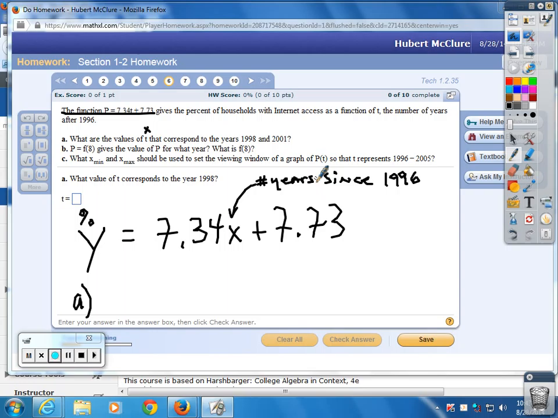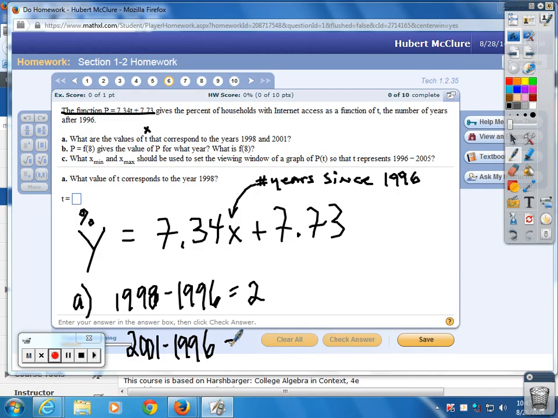You plug it in for x. So for 1998, that would be 1998 minus 1996 is equal to 2. And 2001 minus 1996 is what? 5.